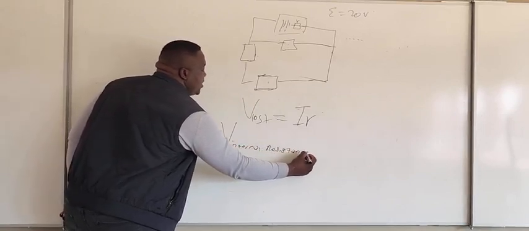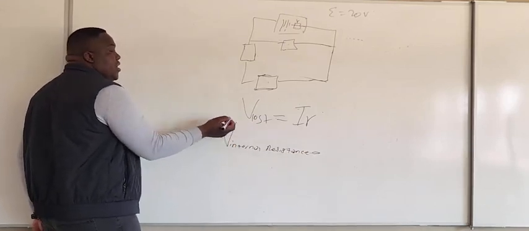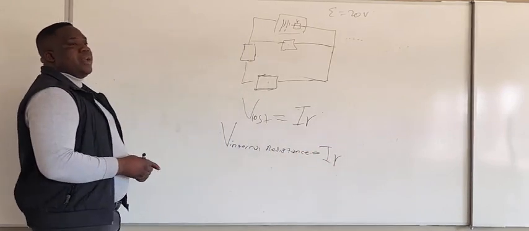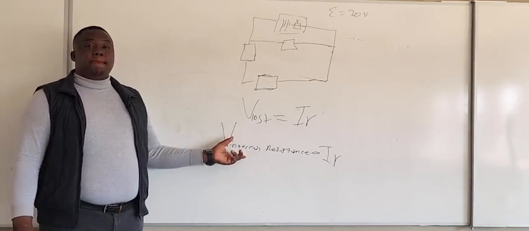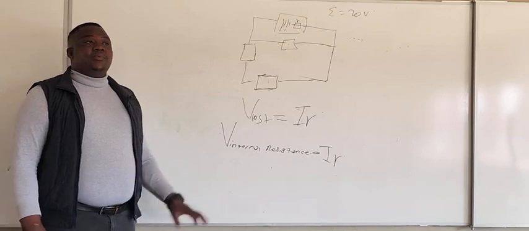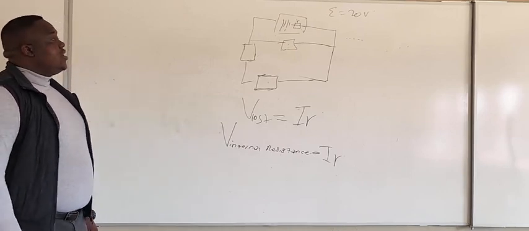It is called V internal resistance because this is the voltage that gets lost because of the internal resistance, which equals current multiplied by internal resistance. So this is V-loss. It is easier for you to denote this if you are following.